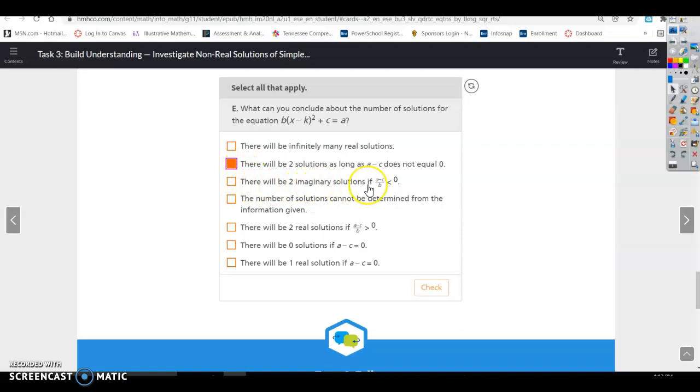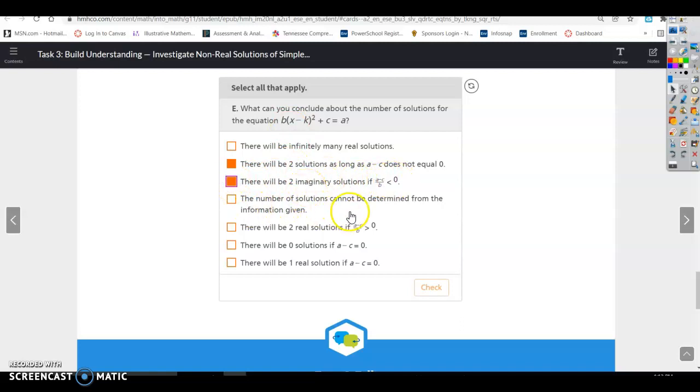There will be two imaginary solutions if A minus C divided by B is less than 0. So if this number is negative, the square root of a negative is imaginary. Why does it say A minus C over B? Because I'd have to subtract C and then divide by B first to isolate the square root. So this one is also true, because if it's less than 0, it does produce two imaginary solutions.